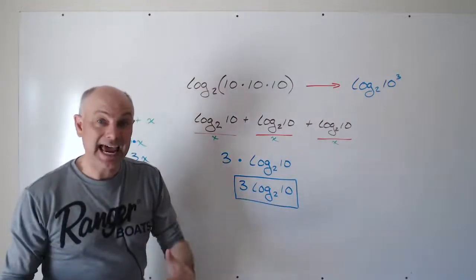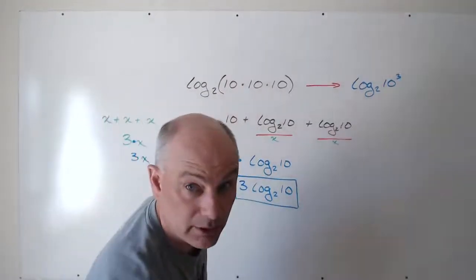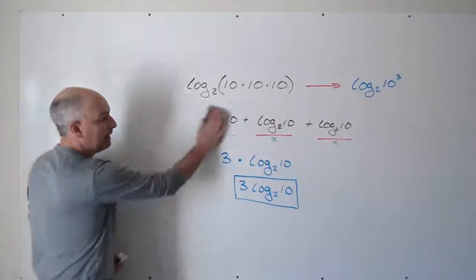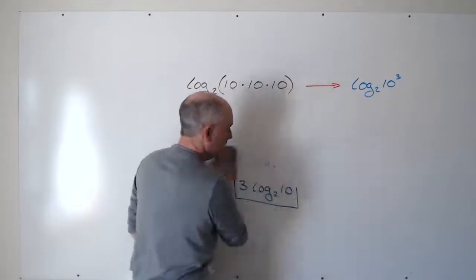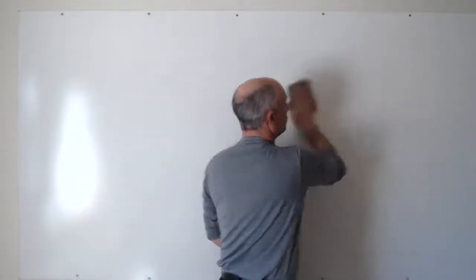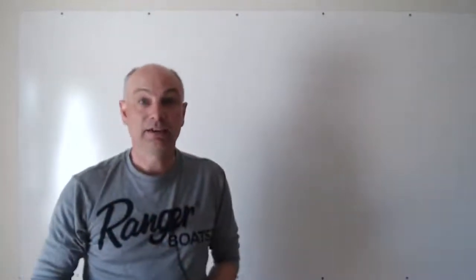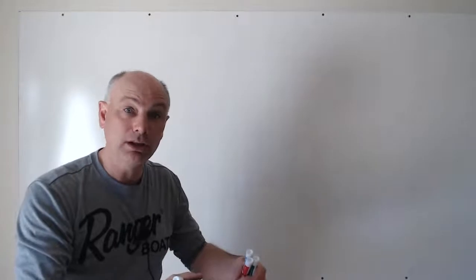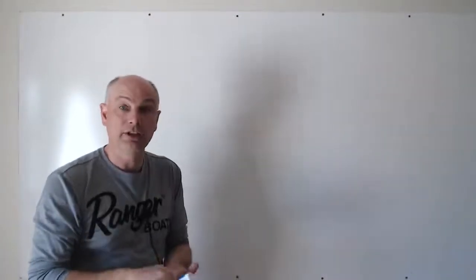And that is exactly what this property is. So this is what is called the power property. And so what it's allowing me to do is it's allowing me to rewrite things. If it's got a power, I can move the power down as a multiplier in front of the logarithm.